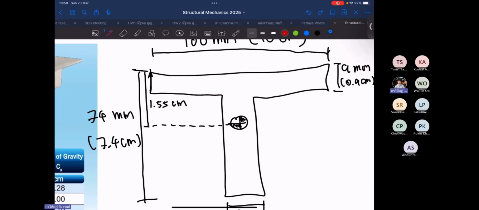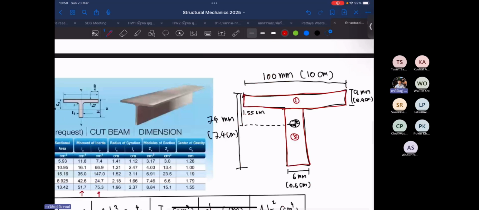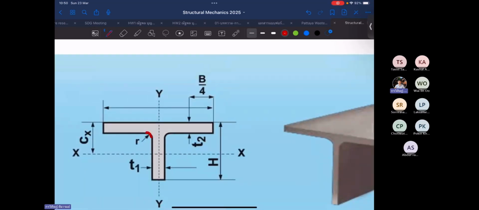For me, I will use this way. This one is my first component and this one is my second component. I will neglect this curvature, so my calculation will end up with a little bit smaller moment of inertia as we lost some area due to this neglect.